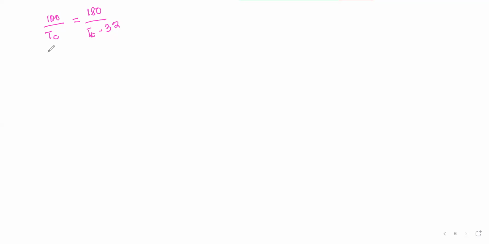So 180 T_C is 100 times (T_F minus 32), and this is 5 on 9 times (T_F minus 32). This is equal to T_C.